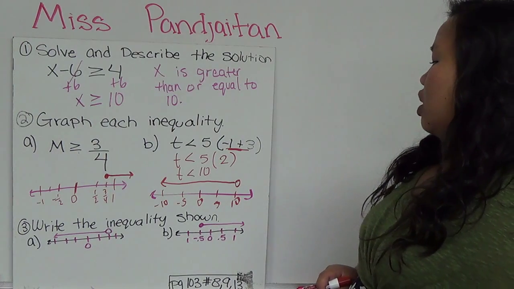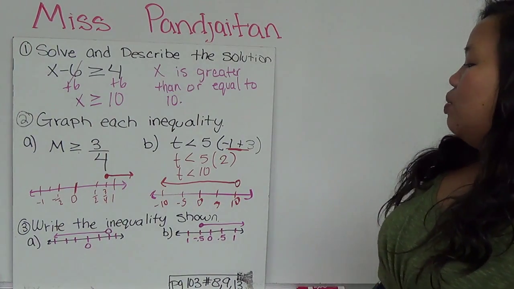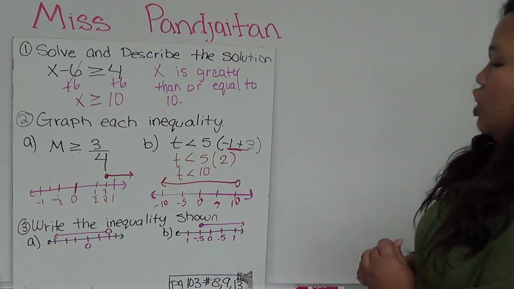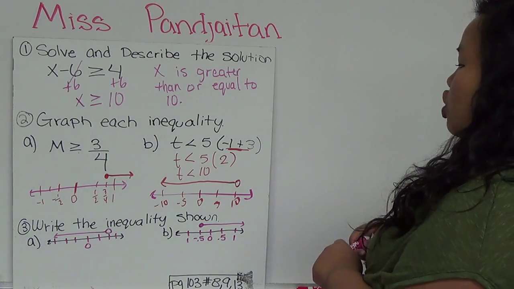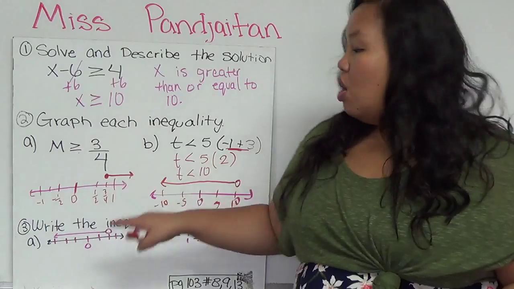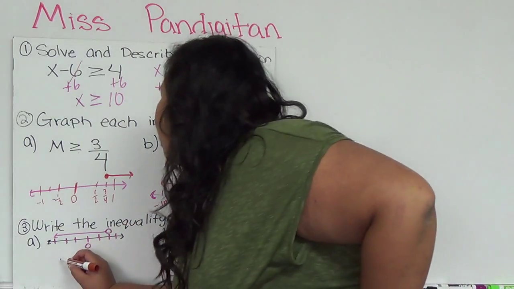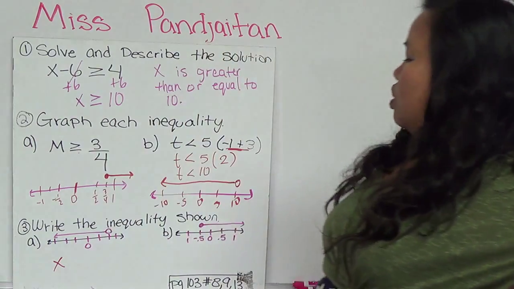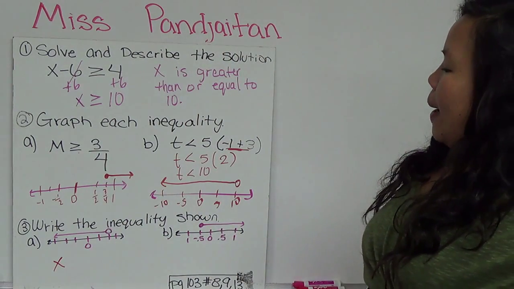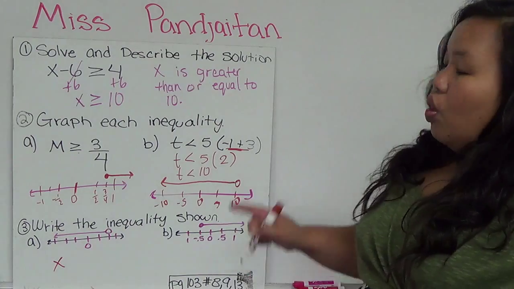All right? Okay, the next one, they give us the graph. So we're not graphing, but we're trying to figure out what the inequality is according to the graph. So here, let's just have a letter. It can be any letter. This one chose M and this one chose T. Let's stick with X. Is it open circle or closed circle?